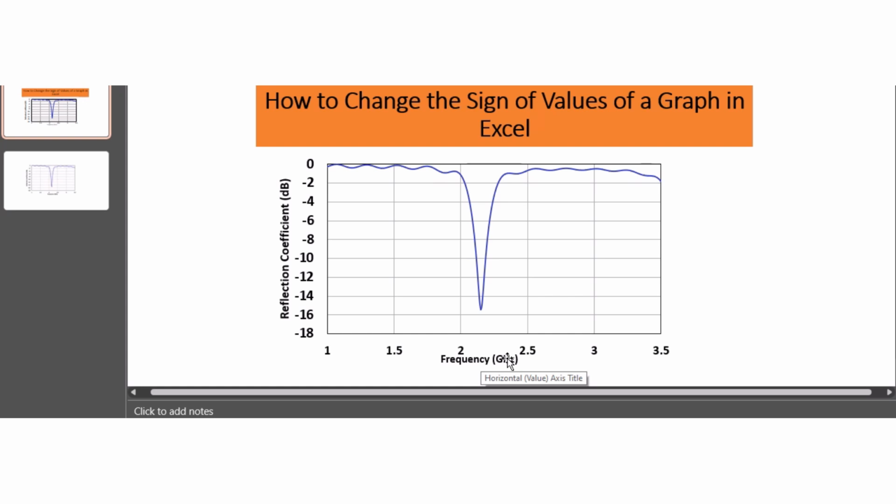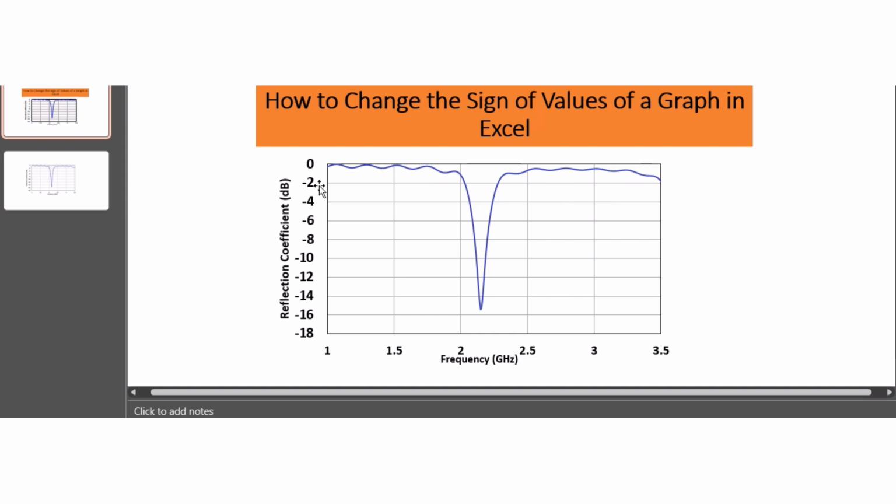People working in antenna, they know how to plot this figure, but in this video we are looking to convert this minus sign into a positive sign while retaining the numerical values on the y-axis, and also retaining the shape of the graph as it is.